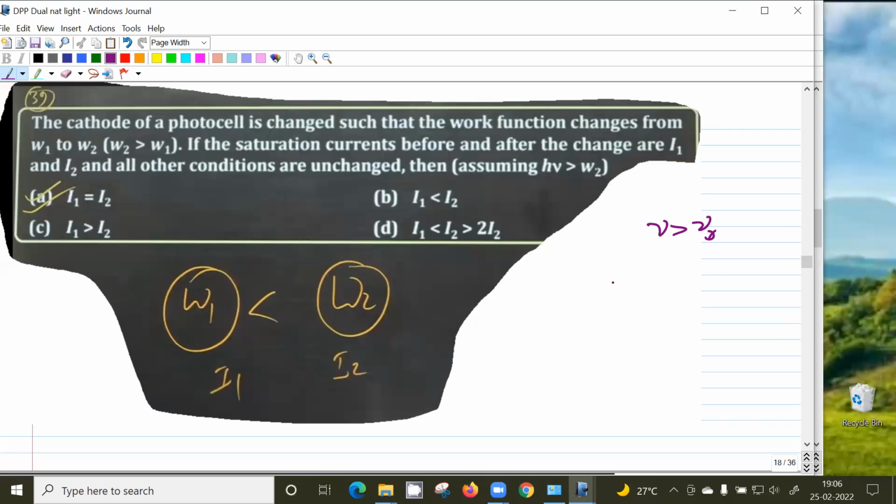If the work function is increased, okay, the only condition is this. This nu naught depends on the work function, no?